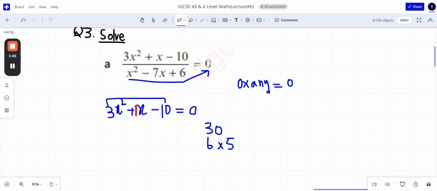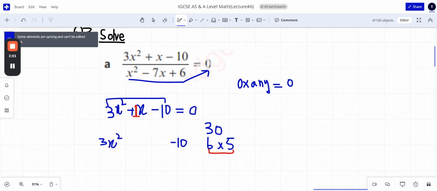So the addition or the subtraction of these two factors should equal 1. So the first term we will bring the same, 3x squared, then minus 10 also will remain the same, the last term equal to 0. The middle one becomes plus 6x and minus 5x.